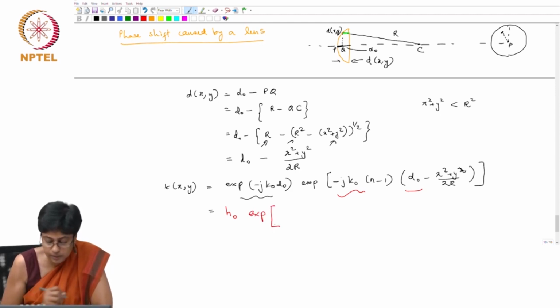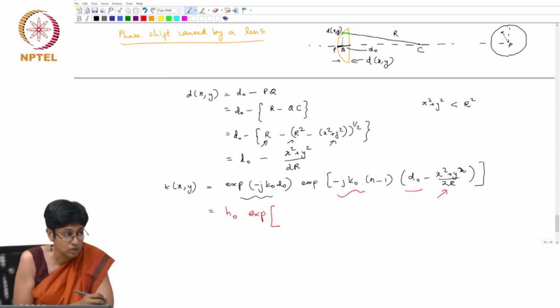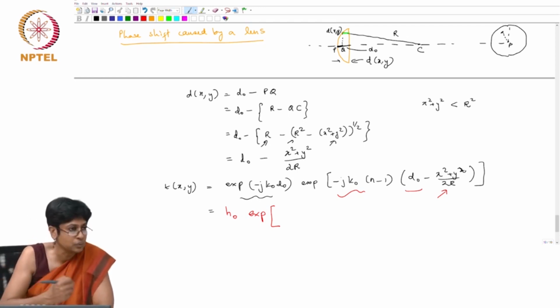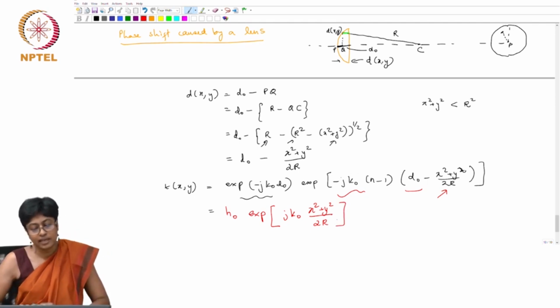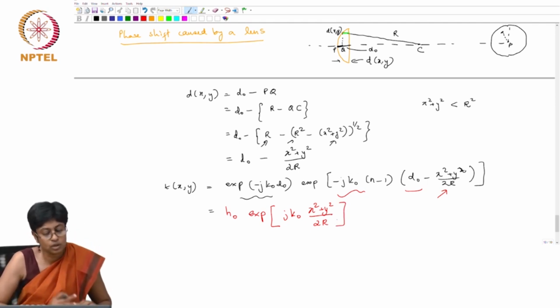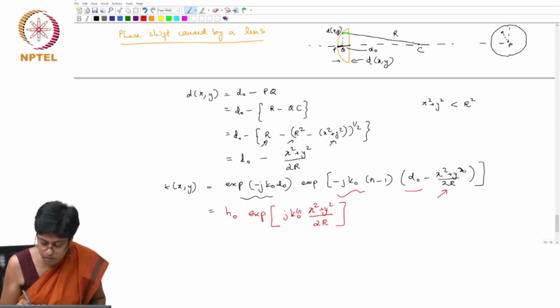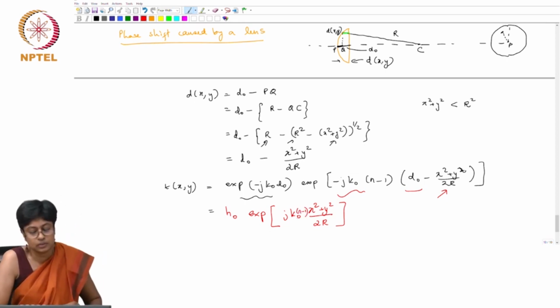You're left with the part of the exponential that varies depending on where you are on the lens, in other words, where the x and y values are. So you will have j k naught x squared plus y squared over 2R. Everything else goes into the constant, n minus 1.